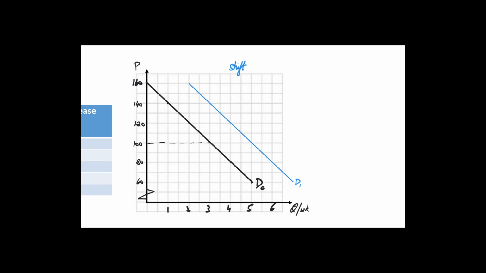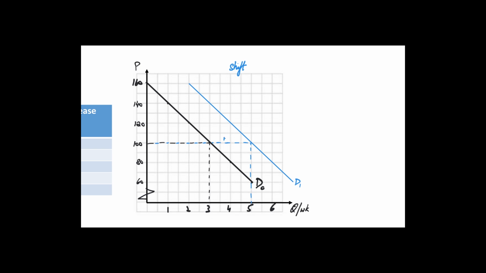At a price of 100, my original quantity demanded was 3. Now the demand has increased. So at the same price of 100, now people are willing and able to buy 5, which originally was just 3. Now it's 5.